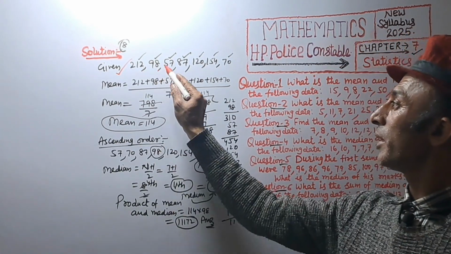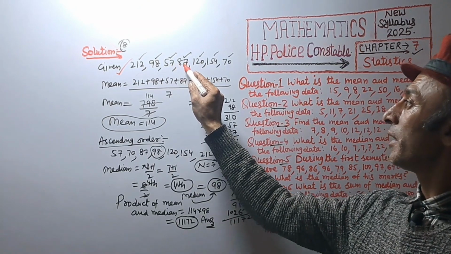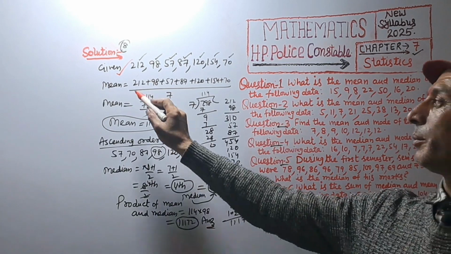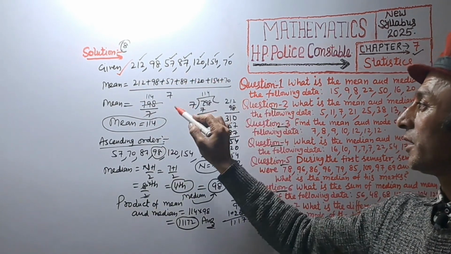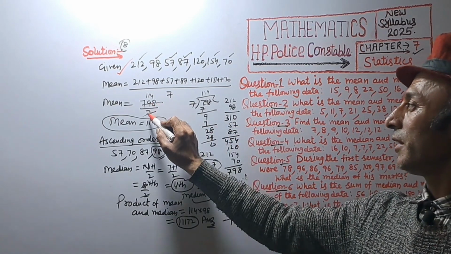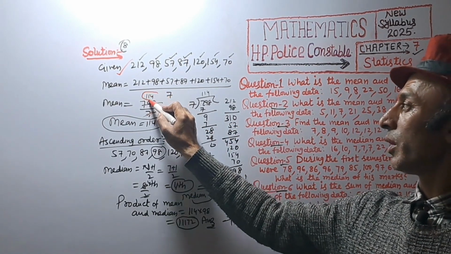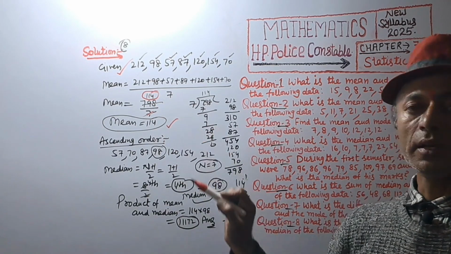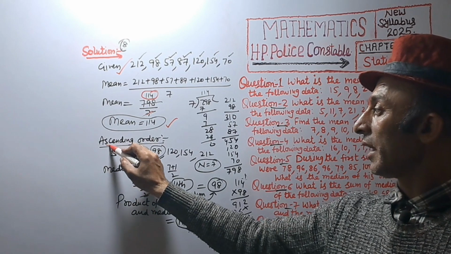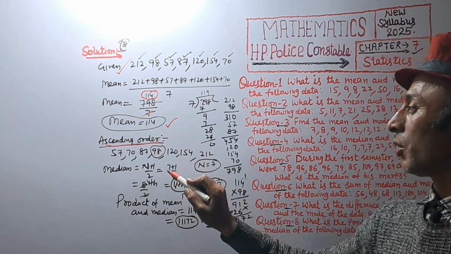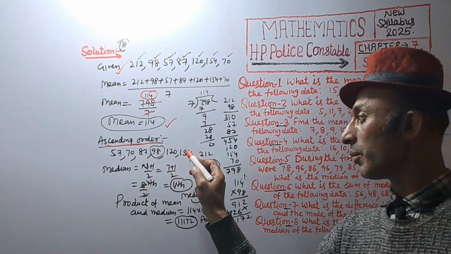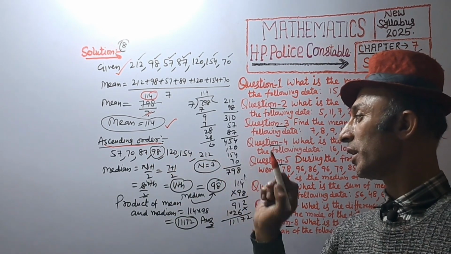Given data is 212, 98, 57, 87, 120, 154 and 70. Mean equal to sum of numbers divided by total number, which is 7. Their sum is 798 divided by 7, that is equal to 114. So mean equal to 114. In case of median, arranging in ascending order: 57, 70, 87, 98, 120, 154 and 212.